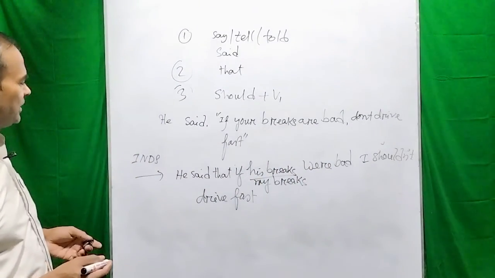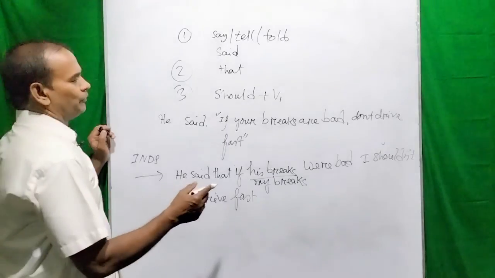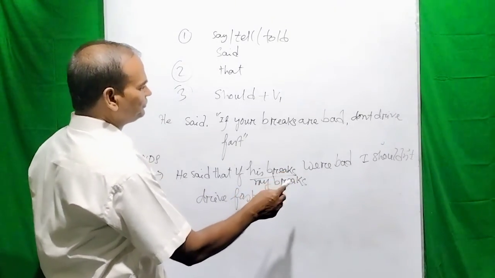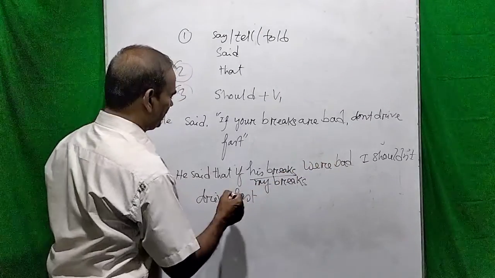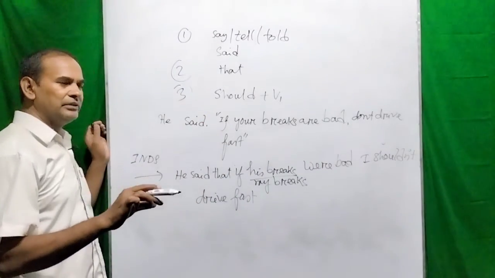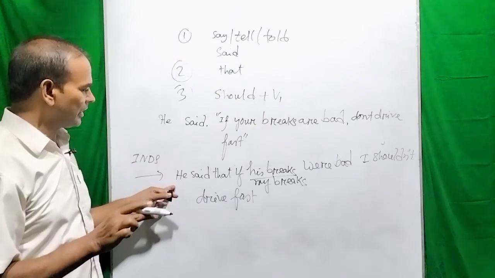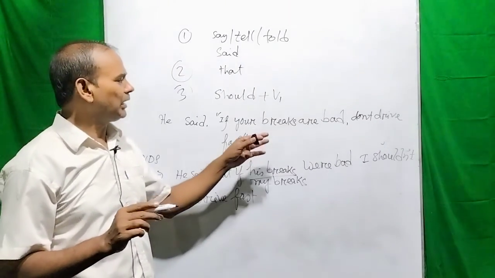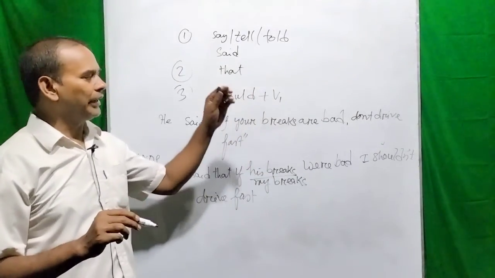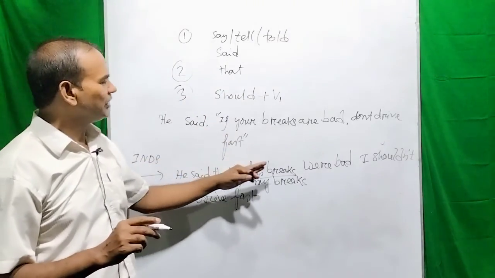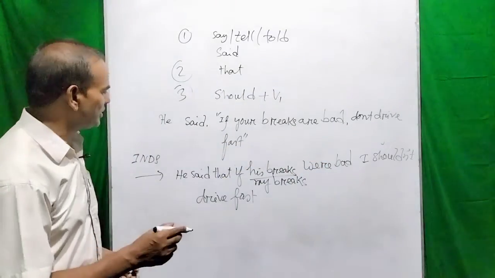Dear viewers, you see how I have changed it, because this indirect command is giving the sense of some critical situations or some bad situations. So I have to, or I must, take some necessary steps in the changing situations.